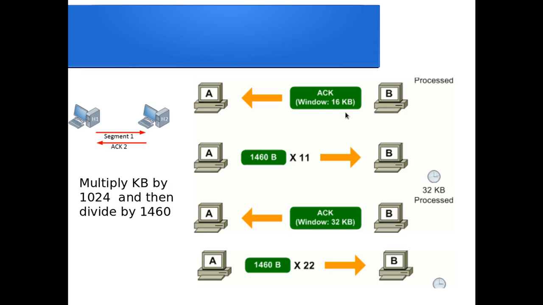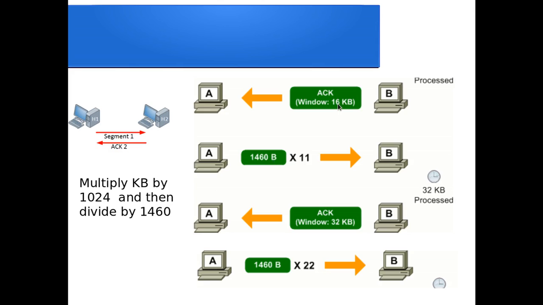In this case, the window size is 16 kilobytes, which means that since it is 16 kilobytes, the host is able to send 11 data frames of 1460 bytes. As you can see, there is a difference because kilobytes and bytes are different units.